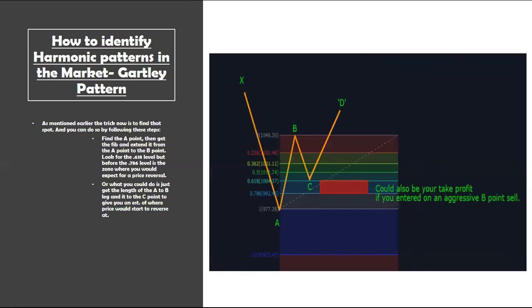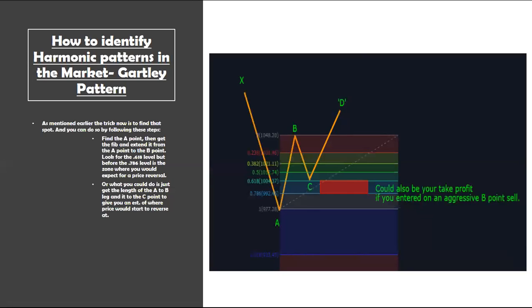You first want to locate your A point and then get the fib extension tool and extend it from the A point to the B point. You want to look for the 0.618 level, but before the 0.786 level, the zone that you would expect for price to reverse off of.